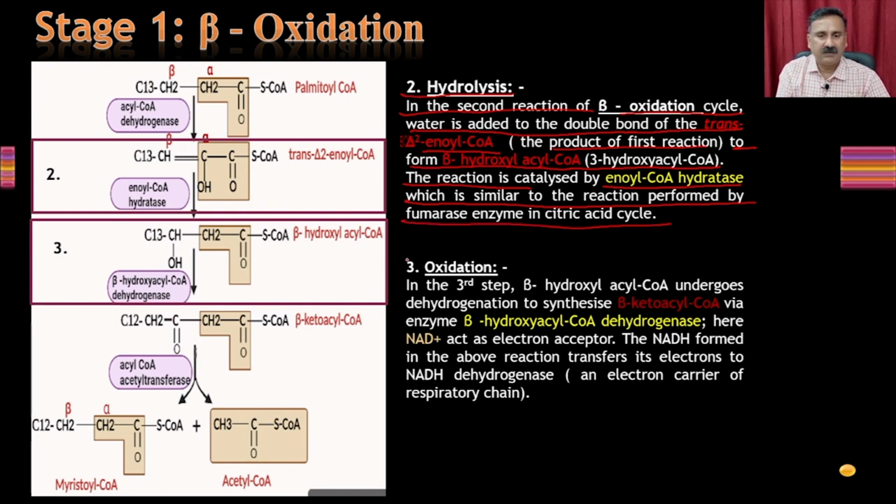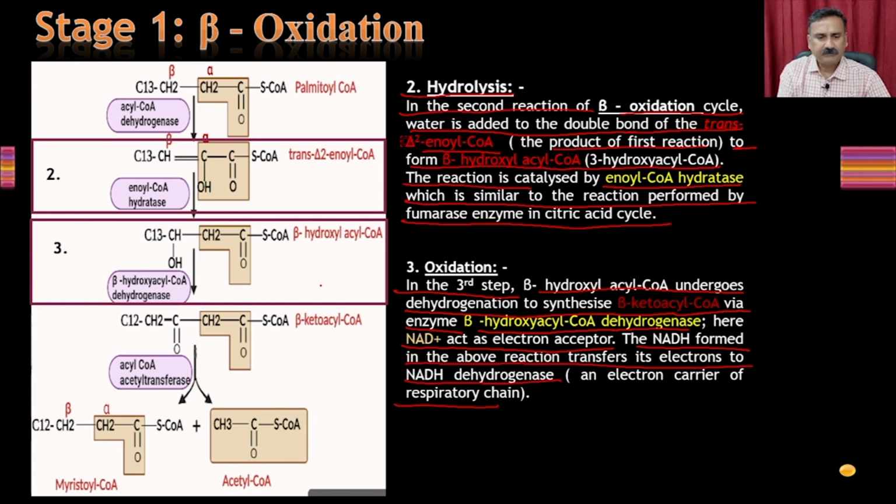Then we have the second round of oxidation. In the third step, beta-hydroxyacyl CoA undergoes dehydrogenation to synthesize beta-ketoacyl CoA, by the enzyme beta-hydroxyacyl CoA dehydrogenase. Here, NAD+ acts as an electron acceptor. NADH is formed in the process and passes its electrons to NADH dehydrogenase.